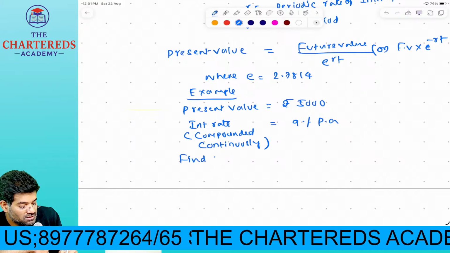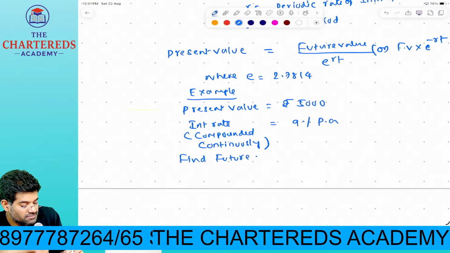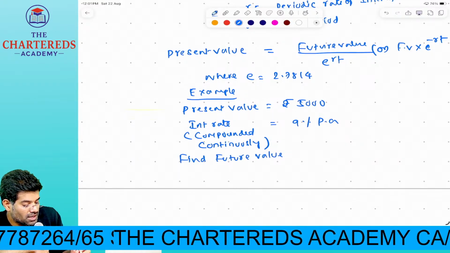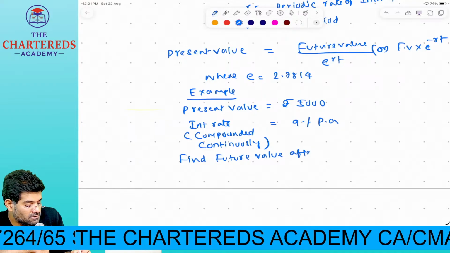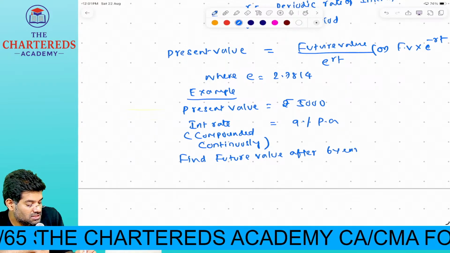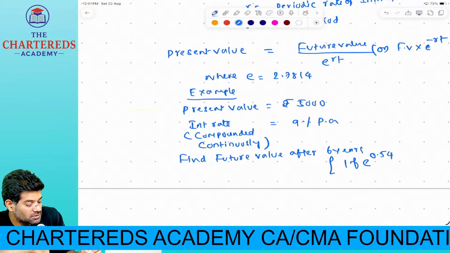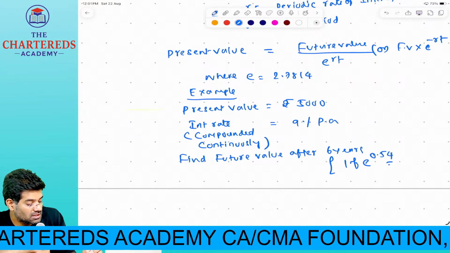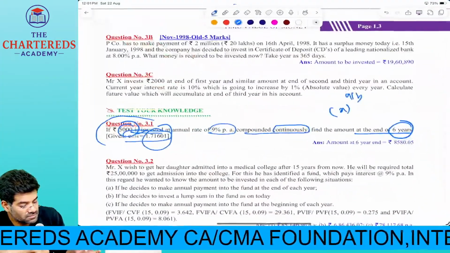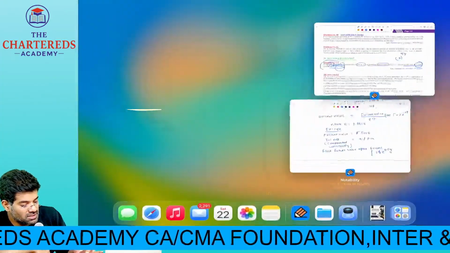Find future value after 6 years, if e power 0.54 is equal to 1.71601.